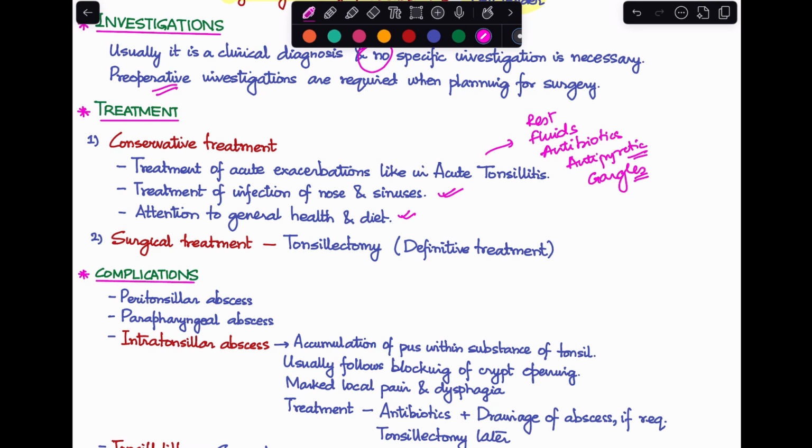I'm not going to discuss more about tonsillectomy here because I have a whole series of videos where I discuss the indications, the contraindications, the procedure, postoperative care, and complications of tonsillectomy. You can check those videos separately to learn more. But just to remember, the mainstay of treatment in chronic tonsillitis is tonsillectomy.